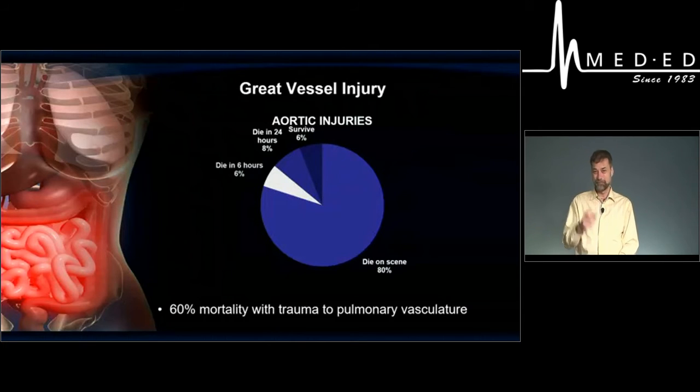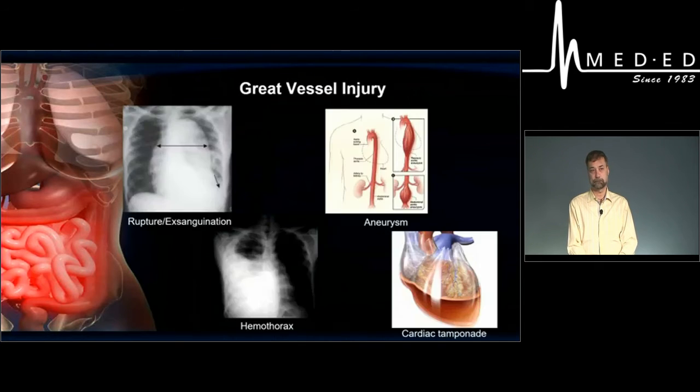Anybody remember? Very famous person, Princess Diana, right? She had an injury to her pulmonary vasculature, but remember, she survived for, I want to say, an hour or an hour and a half before she died. And they tried desperately to save her on scene, but unfortunately her major pulmonary vessels were injured and she would ultimately succumb to her injury.